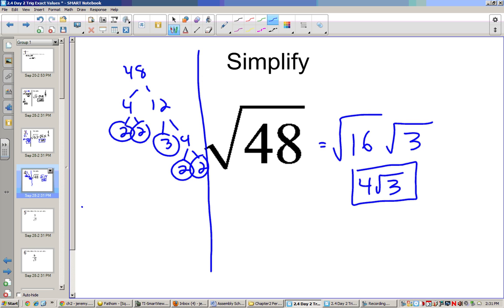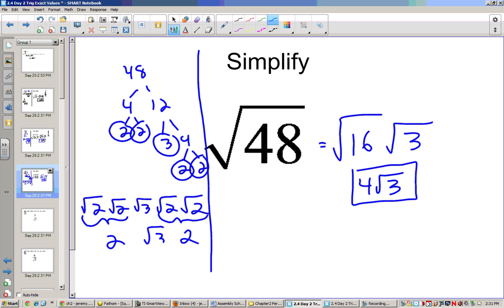So square root of 48 is the square root of 2 times the square root of 2 times the square root of 3 times the square root of 2 times the square root of 2. Now this will turn into a 2 because square root of 4 is 2. This will also turn into 2. And then we have a square root of 3. Now I can multiply the 2 times 2 to be 4. So I still come up with 4 times the square root of 3. All right.